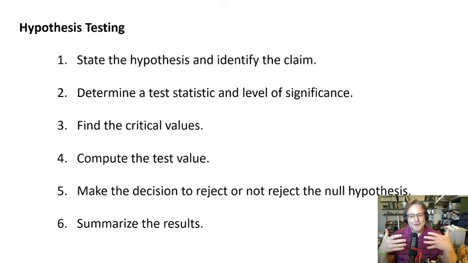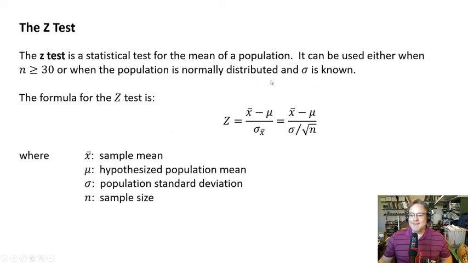Now let's also review a little bit of the z-test. The z-test is a statistical test for the mean of a population. It can be used either when the sample size is larger than 30 or when the population is normally distributed, and most importantly, when the population standard deviation is known.